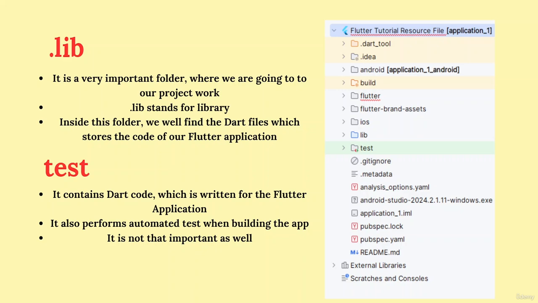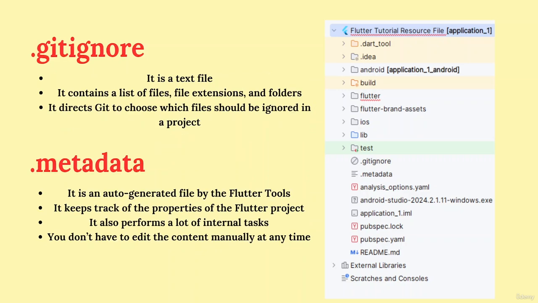Okay, and the next folder which we are going to talk about is the .gitignore file. Okay, so the first thing we are going to learn about the .gitignore file is that it is a text file.